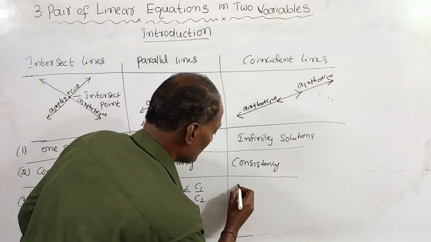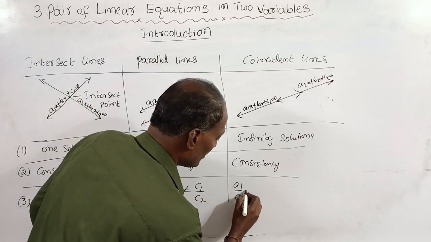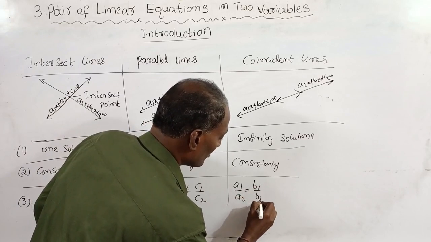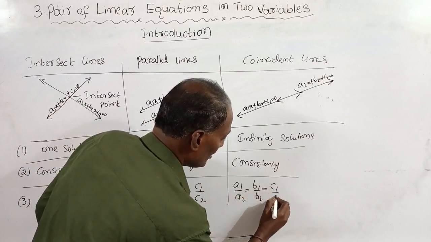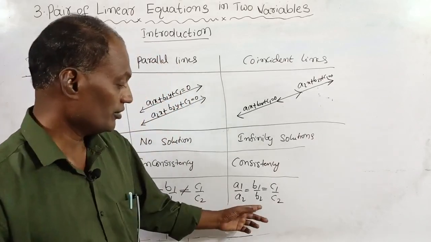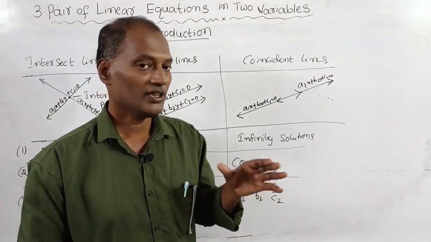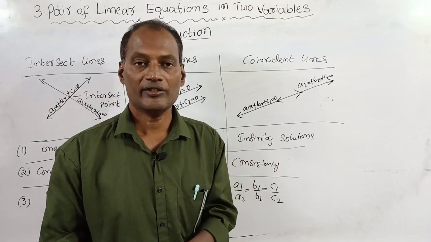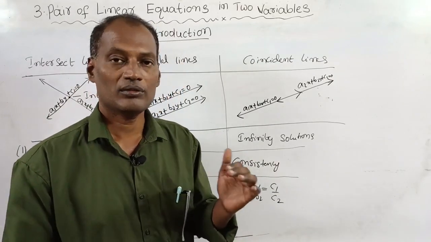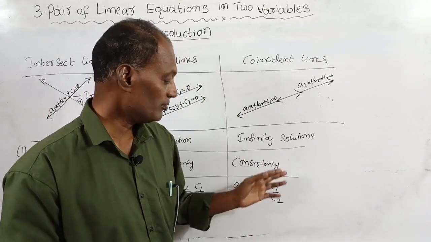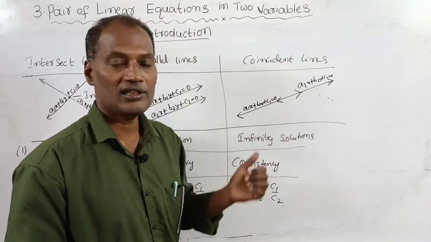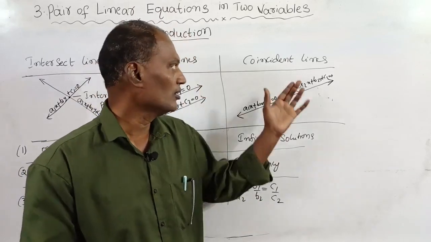The last one is A1 by A2 equal to B1 by B2 equal to C1 by C2. From the given, if they give one or two linear equations, see what type of equations they are. This is intersect lines or parallel lines, coincident lines.